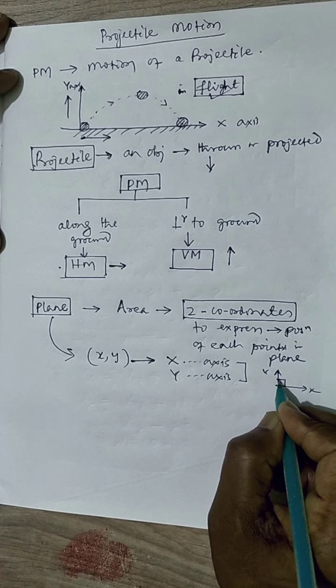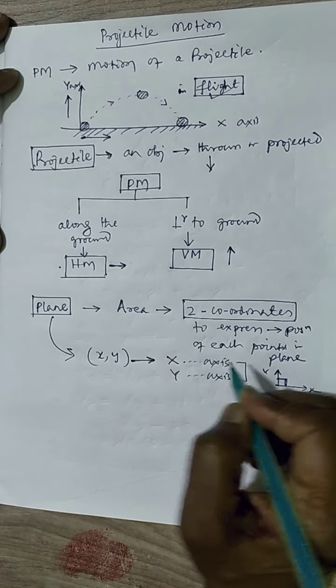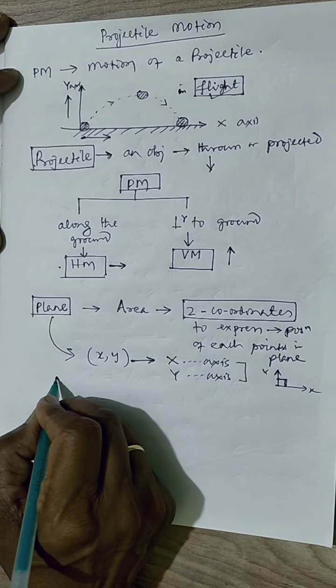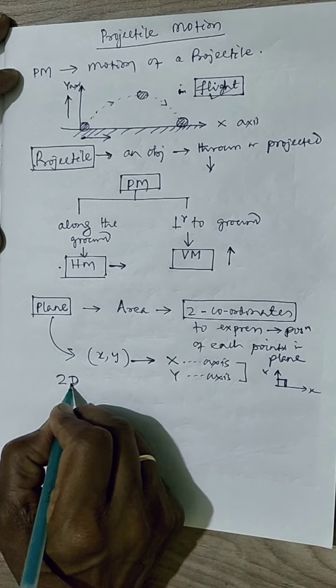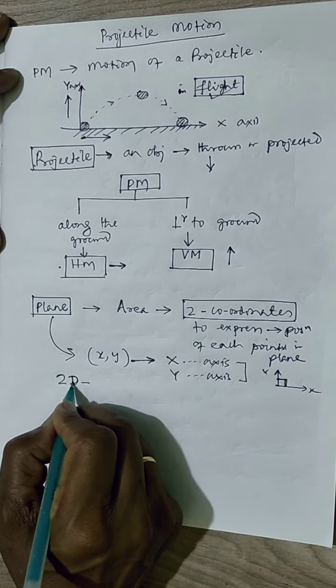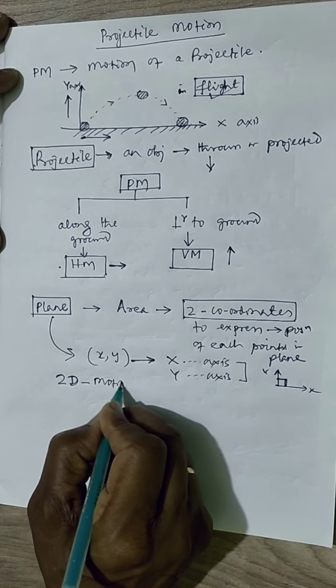This type of coordinate system is termed as two coordinate system. This motion is then termed as two-dimensional motion.